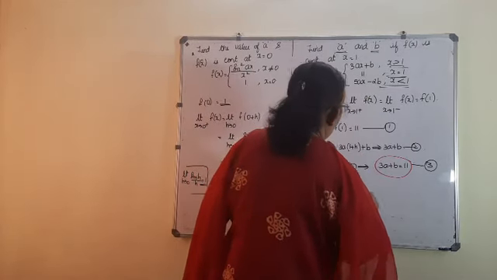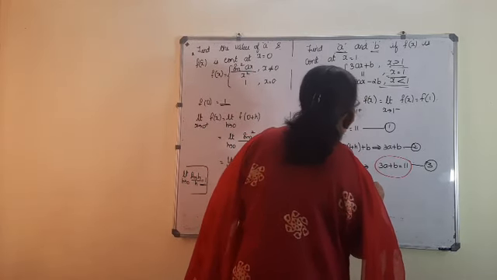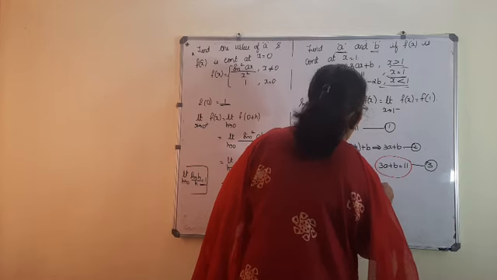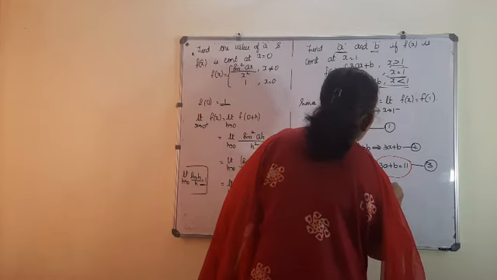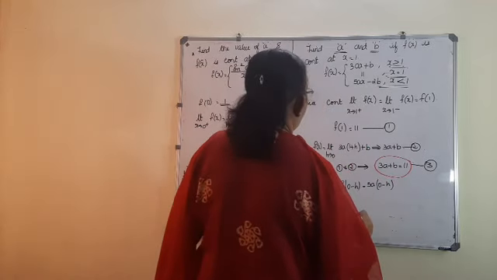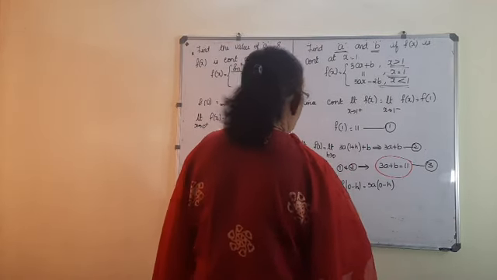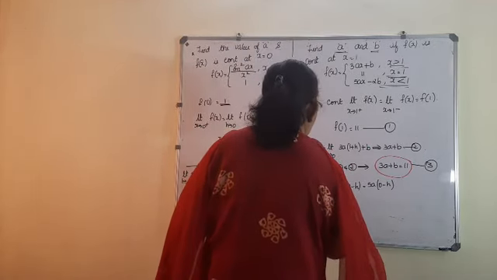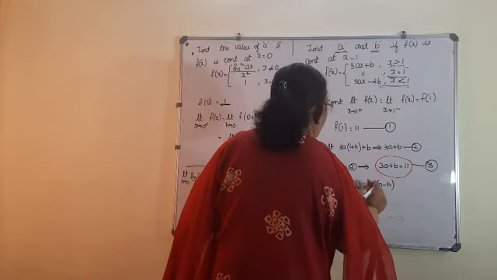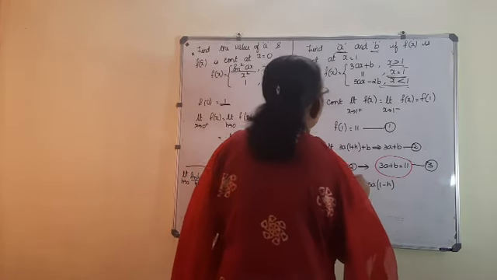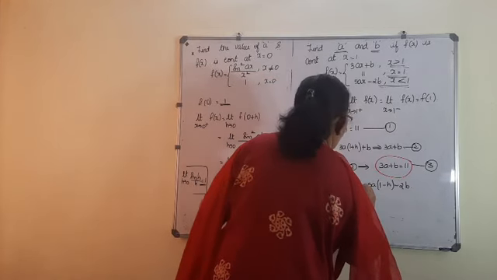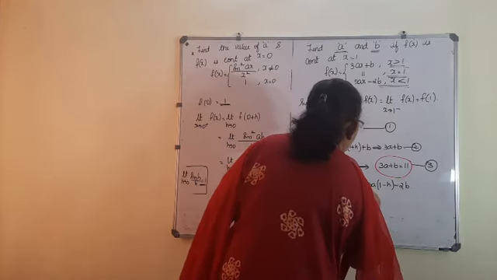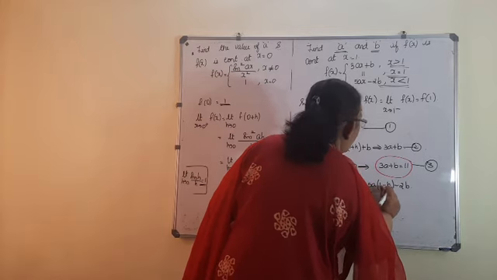That is equal to 5a into 1 minus h minus 2b, h tending to 0.